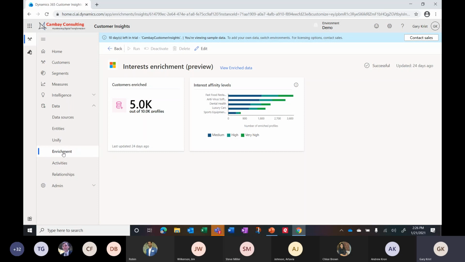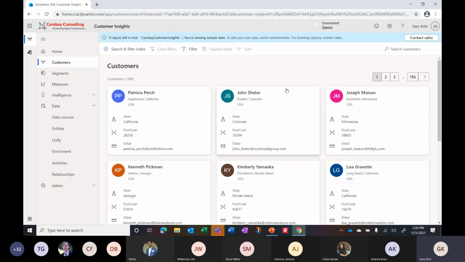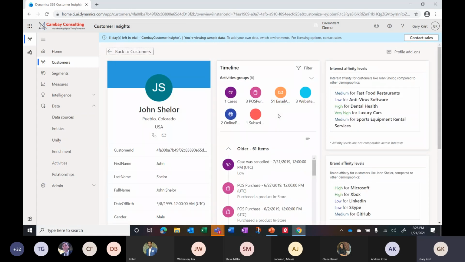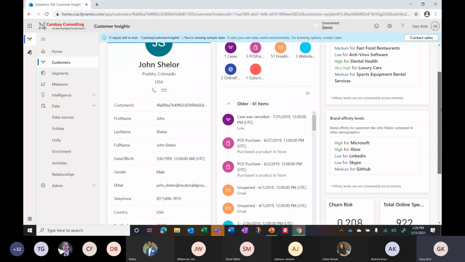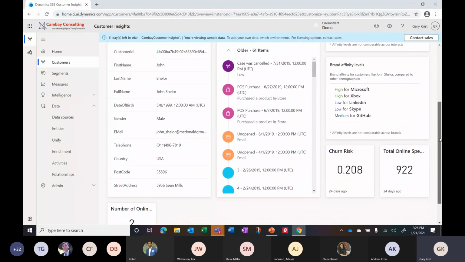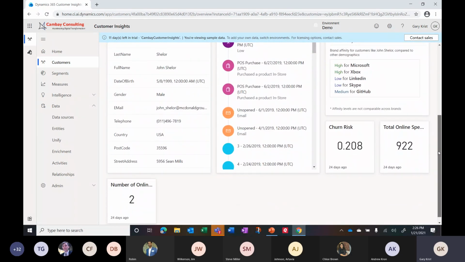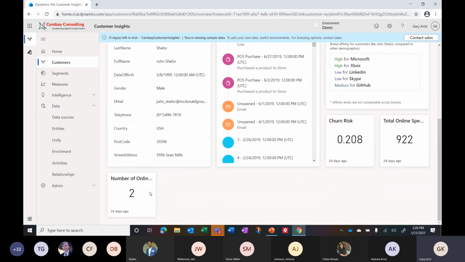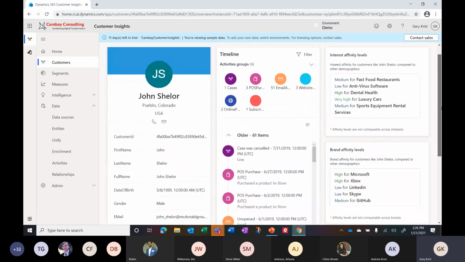Now we've enriched our data, and we have the ability to look at this data as one view. We have those 4 data sources all blended together, and we have a full view of our contact with all the data source information that we brought in, our demographic data. We also see we've had 2 online purchases in the last 24 days.